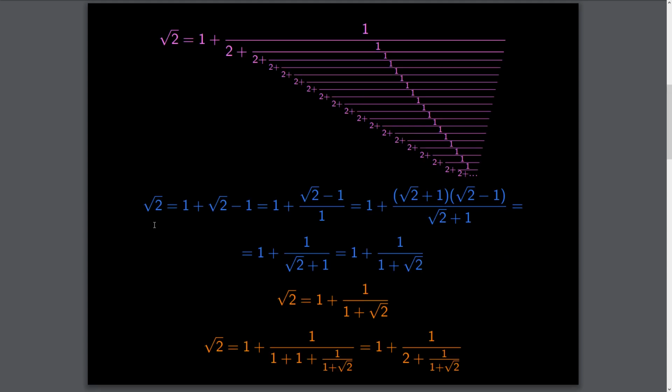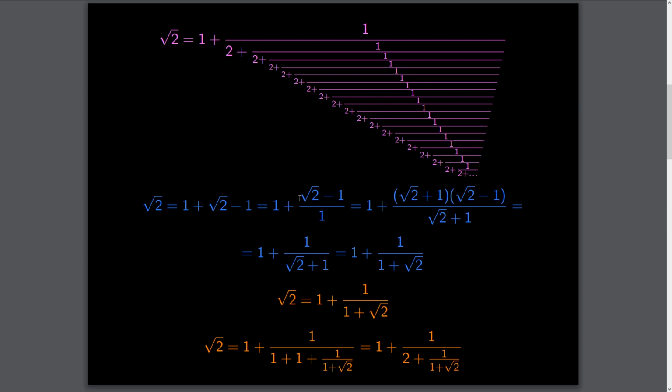So the fundamental consideration is that you are splitting up this expression square root of 2 equals 1 plus square root of 2 minus 1. And now you want to manipulate the second expression. Actually, you can write it as a fraction, square root of 2 minus 1 divided by 1. So the denominator is 1. And you want to make it more resemble the desired expression.